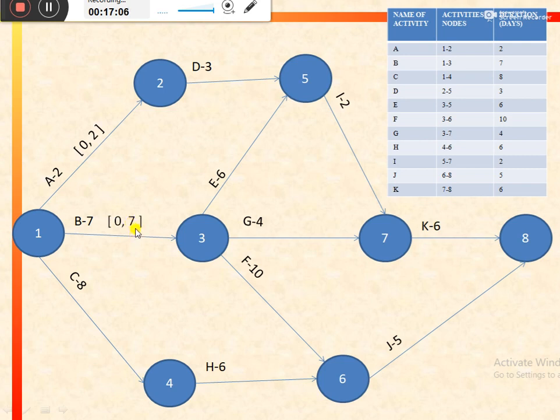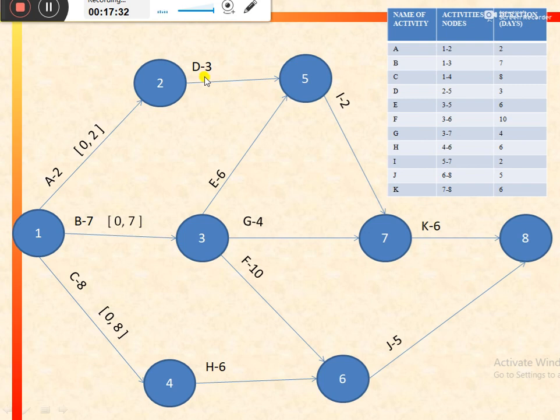So 7 would be the earliest finish. In a similar way, earliest start for C would be equal to 0, and earliest finish would be 0 plus 8, that is 8. So in this way, we have calculated the ES and EF values for these initial activities of the project. Now we would move on to activity D.